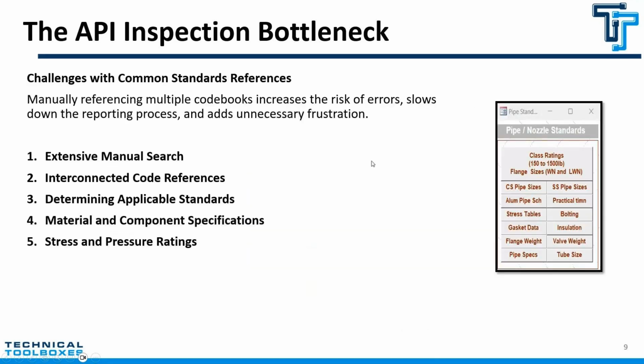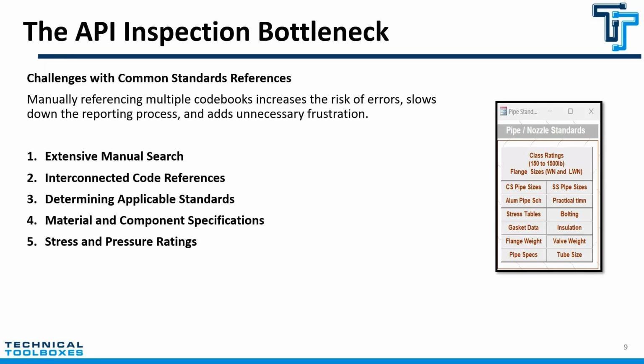Okay, challenges with common standard references. Manually referencing multiple code books increases the risk of errors, slows down the reporting process, and adds unnecessary frustration. Okay, so you have extensive manual search. Inspectors must locate values for each report based on different design specifications. For example, an API 570 piping system report requires consulting multiple sources to verify compliance.